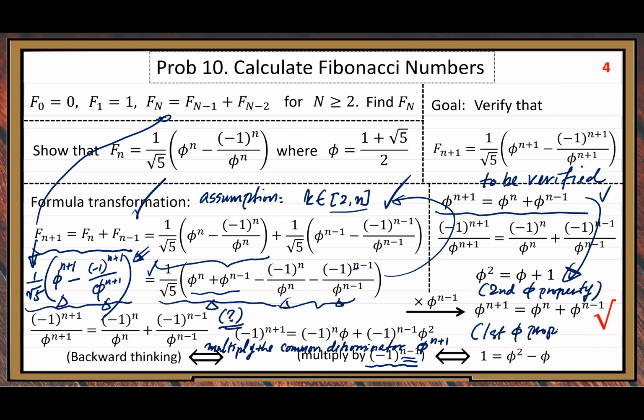We know this equality is true. It is just our first phi property, so it is true. Then by backward thinking, the previous equality is true. Another backward step, the previous equality is true. But this one is our destination, our goal, our target.